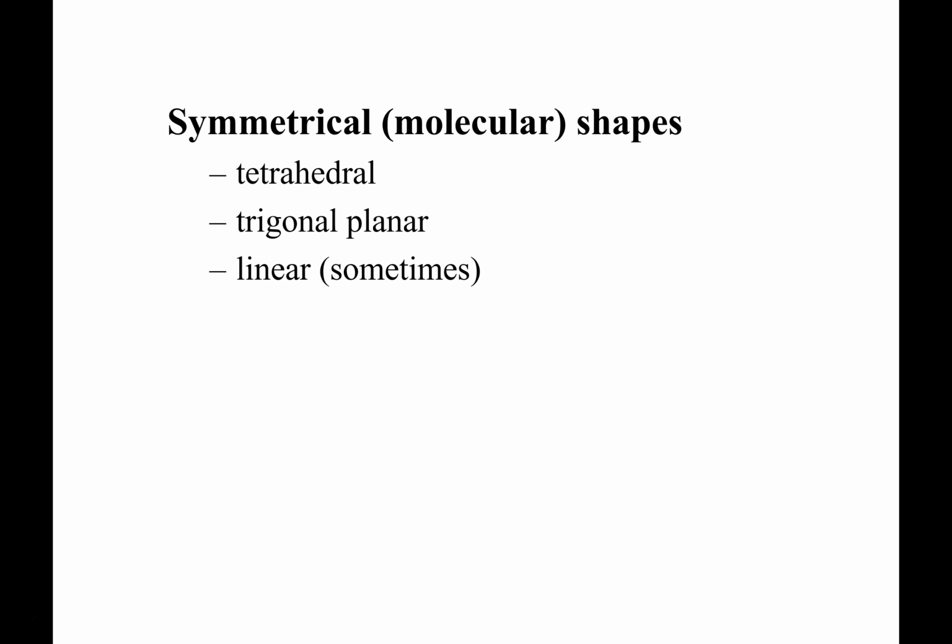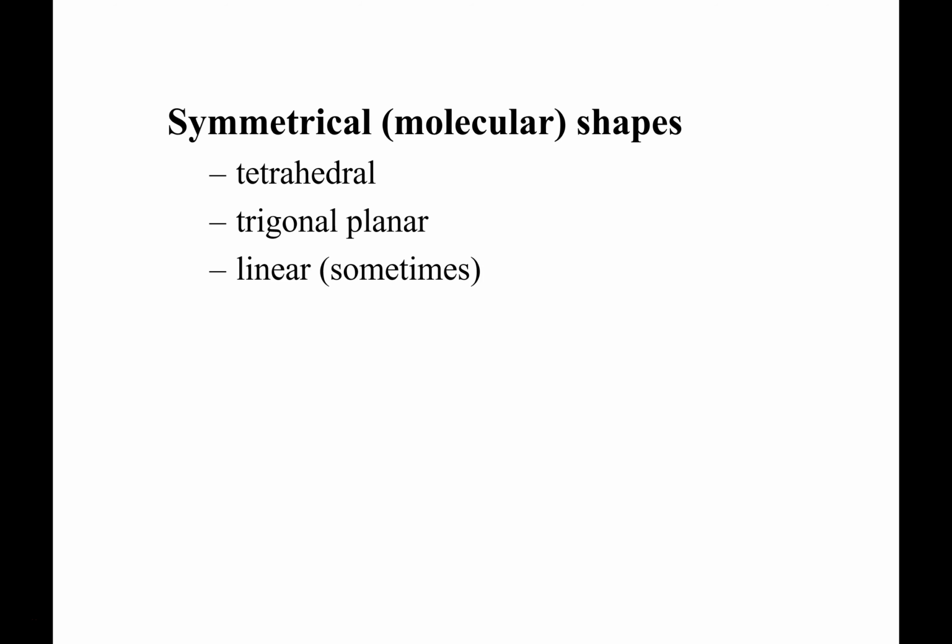Tetrahedral, trigonal planar, I brought one of those too. This one works well. The centers annihilate each other as long as these are the same elements. If you swap one out, not so much. If they're the same element, or if they have the same Pauling electronegativity, then the centers coincide and it's nonpolar.